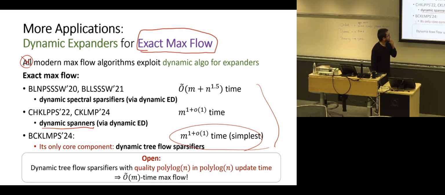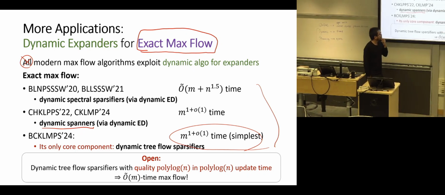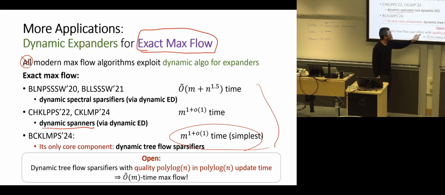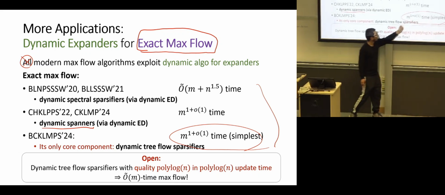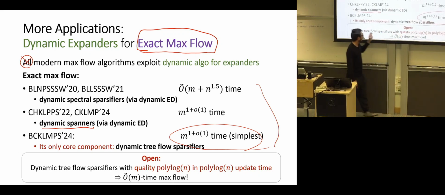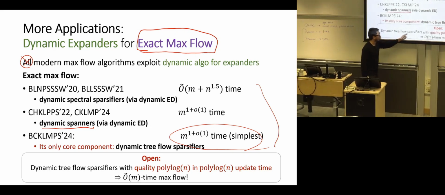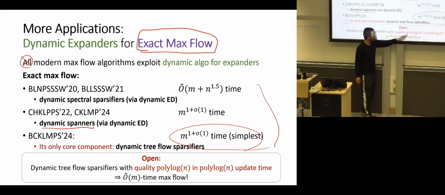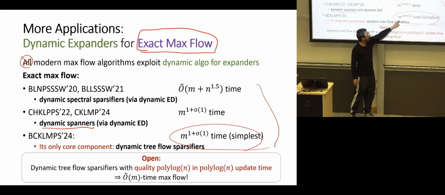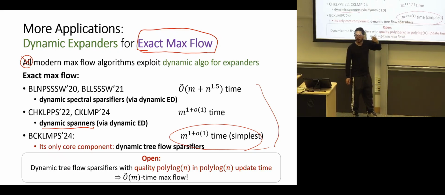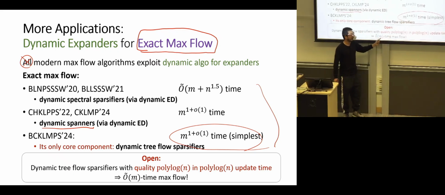And what's open is the dynamic tree flow sparsifier in this work. Okay, maybe I'll just say: if you have a dynamic tree flow sparsifier with quality polylog and update time polylog, you would improve this algorithm from almost linear to near linear.